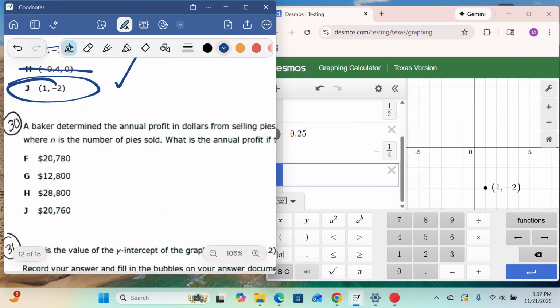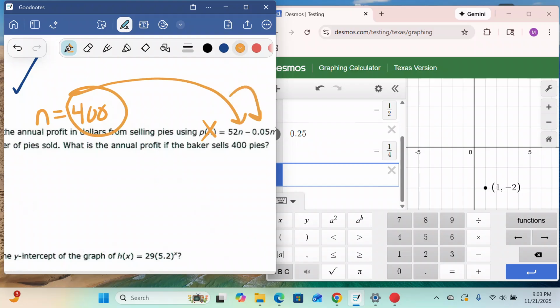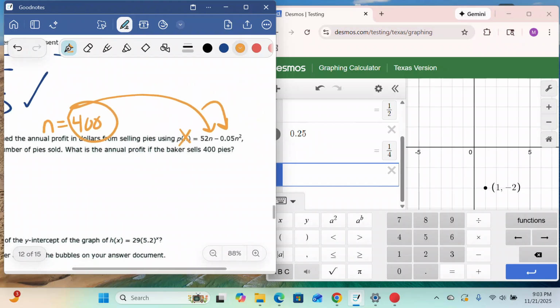So right here, all we have to know is how many pies are sold. And I'm going to write down N equals 400. This is all I have to do. So if I look at P(N), I don't have to worry about anything like this. All I have to do is input 400 into the N's and let Desmos do the work for us.